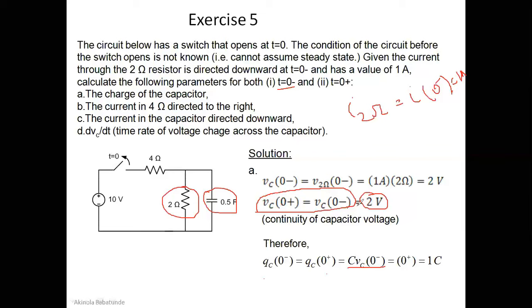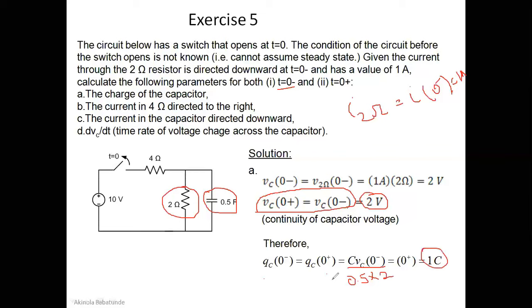Since we have our 2 volts here, and then we have our C equal to 0.5, we say that our charge in this capacitor would be Q equal to CV. We know that C is 0.5, so we have 0.5 multiplied by our VC of 0 minus, which is 2, multiplied by 2, and that will give us 1 coulomb at the end of the day.